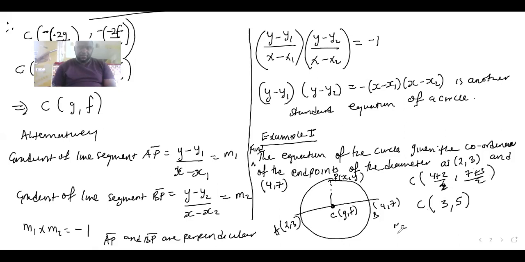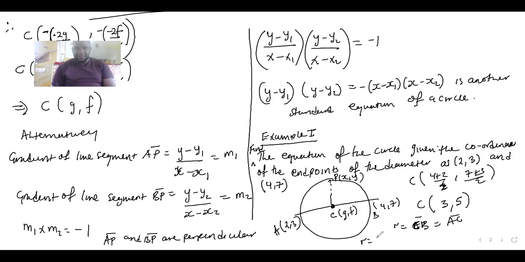The radius can be found from half of AB, but I can also get it from CB.